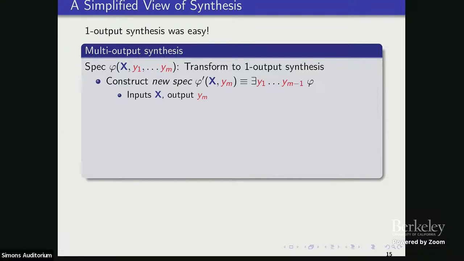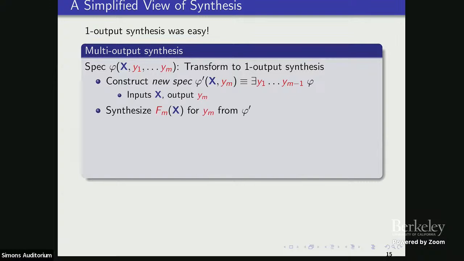This is specifying a relation between x and ym such that whenever you satisfy the specification, you know that there is a way to assign values to the other outputs, which will satisfy the overall specification. So that is nice, because now I have just a single output specification, and I know if I can synthesize this output correctly, there is always a way to synthesize the other outputs.